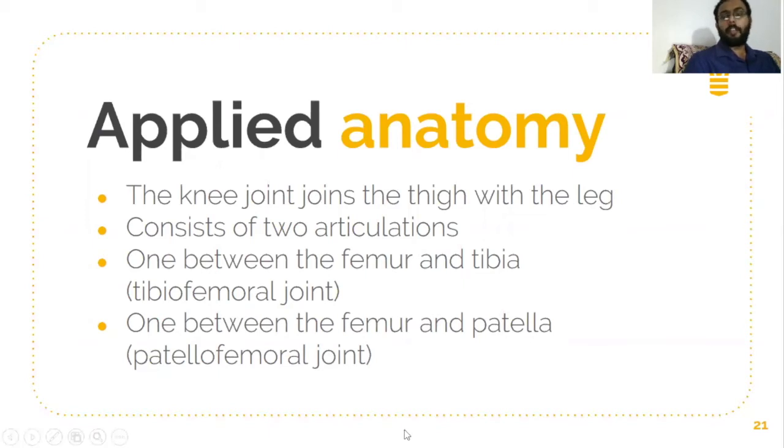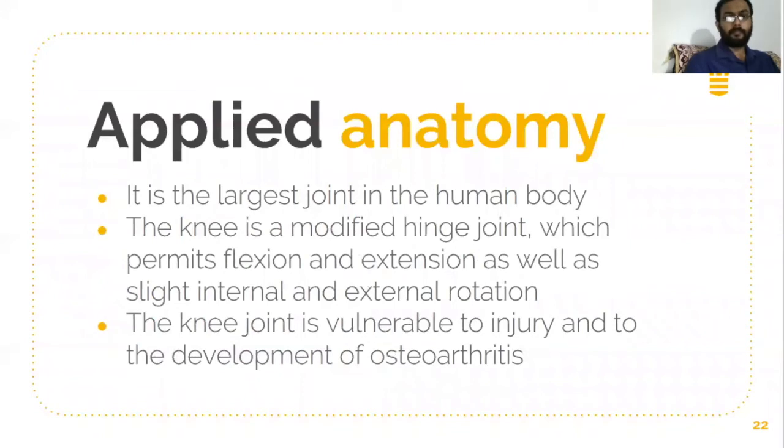The next one is between femur and patella, the patellofemoral joint. This patellofemoral joint is prone to diseases like patellofemoral syndrome and chondromalacia patella, in which the age group is different. The tibiofemoral joint is prone to osteoarthritis of the knee joint, in which the medial compartment is more affected.